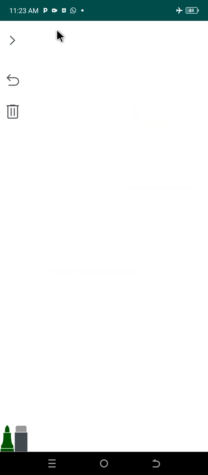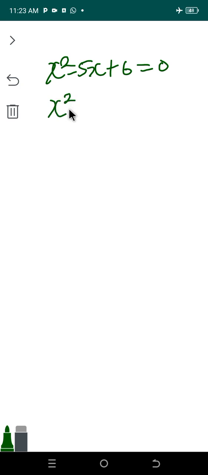So in this case now we are considering x to power 2 minus 5x plus 6 is equal to 0. So we have x to power 2 minus 3x minus 2x plus 6 is equal to 0.